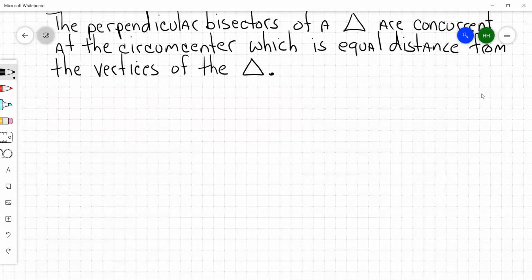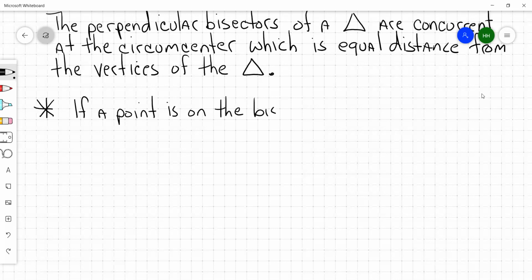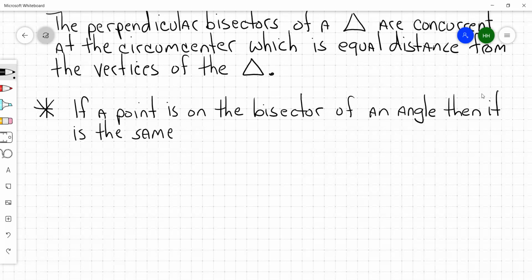All right, angle bisector theorem. If a point is on the bisector of an angle, then it is the same distance from the sides of an angle, or of the angle.